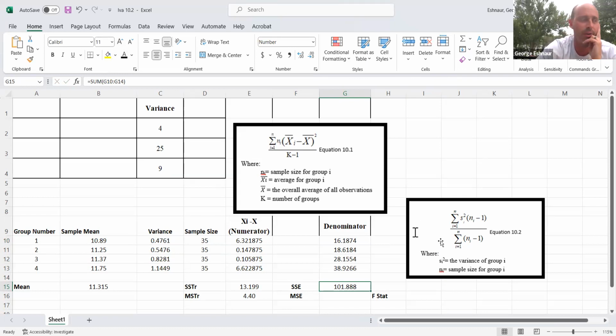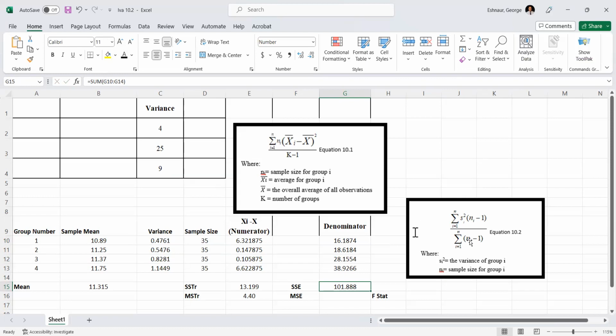And what do we do with the bottom one? This one can be a little bit tricky. Is it sample size times sample size minus 1 times the variance? No. I just summed the samples.